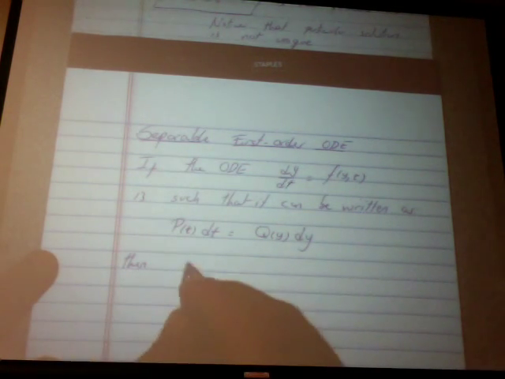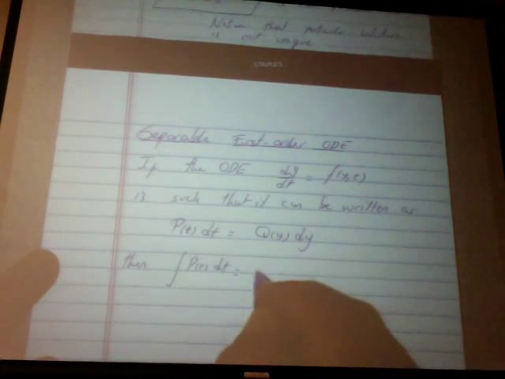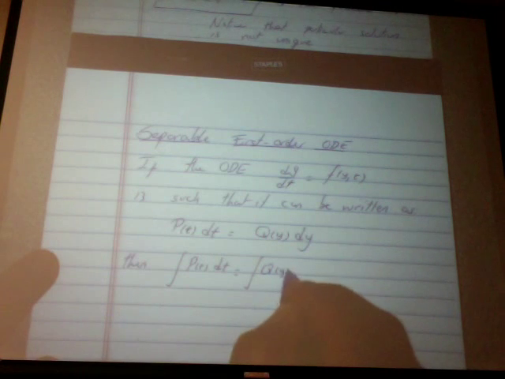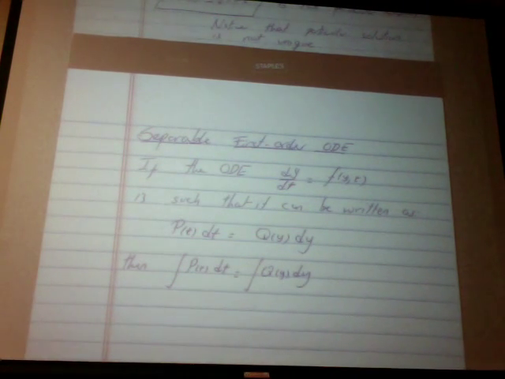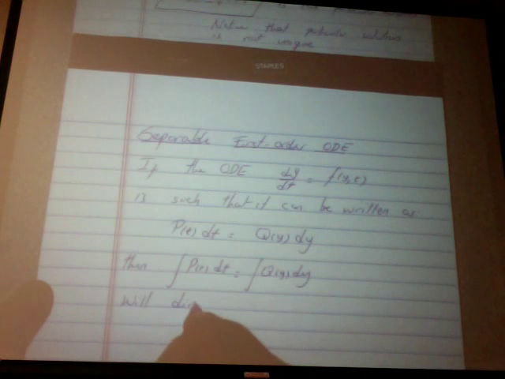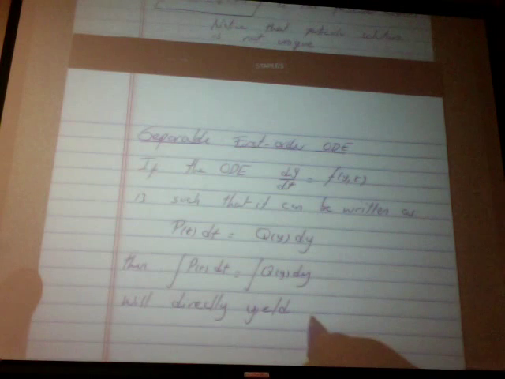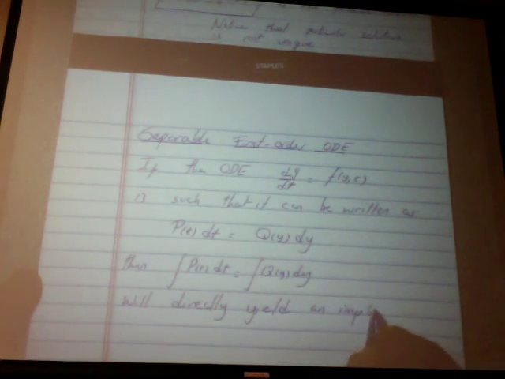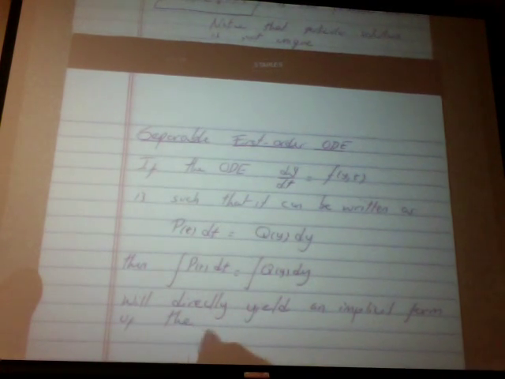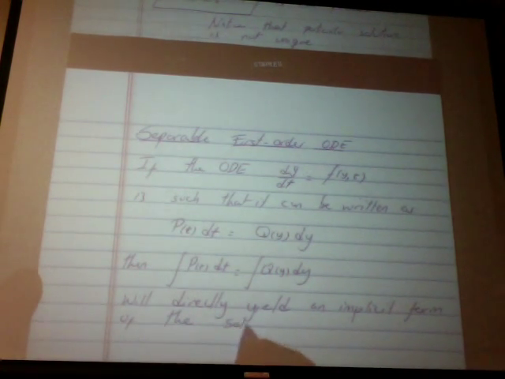Then if you take the integral of both sides, the integral of p of t dt equals the integral of q of y dy, this will directly yield an implicit form of the solution y of t.